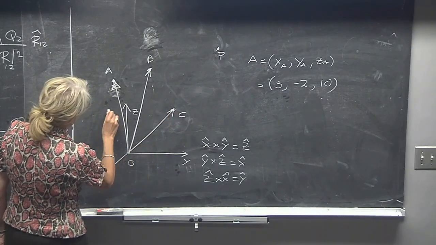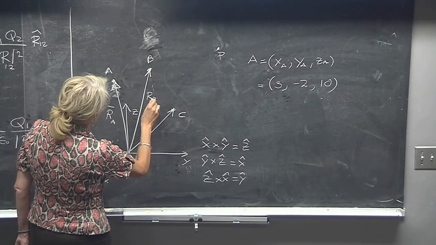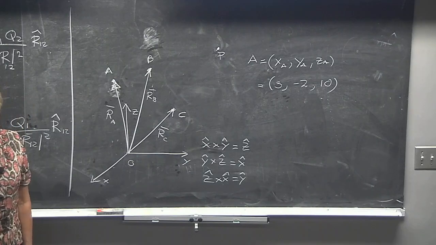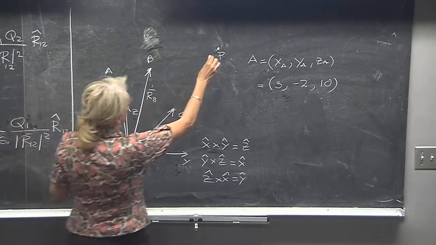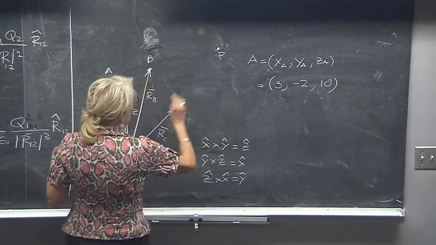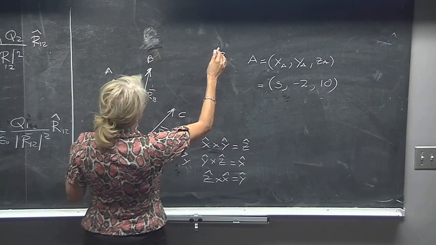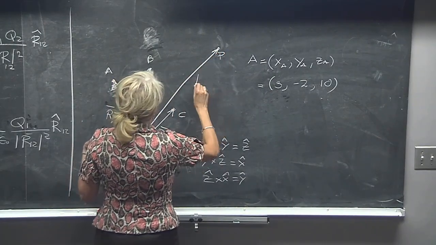This is vector RA, RB, RC. All right. So far, so good, okay? Now, this is, of course, vector R, and I give P, obviously. I have given A, B, C, and P, and this is vector RP.